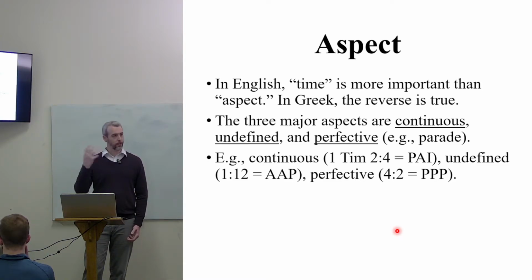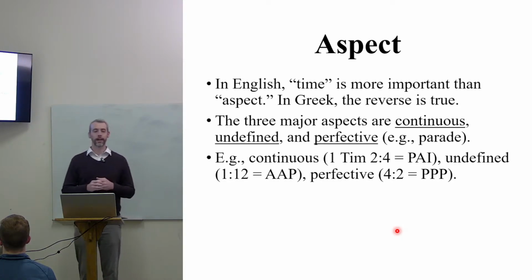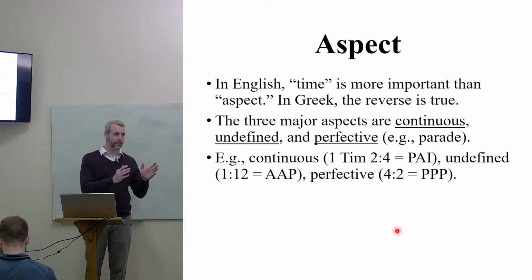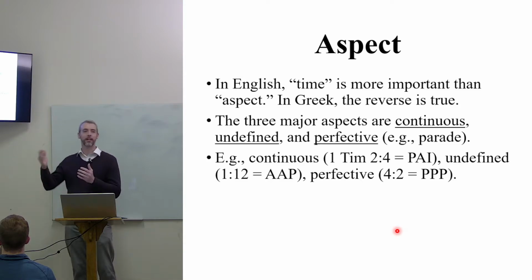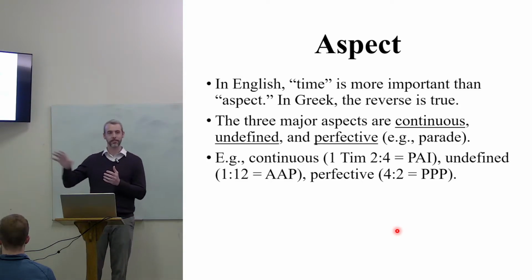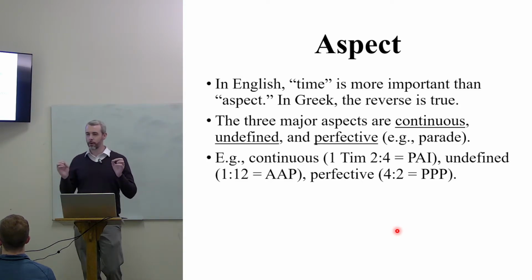You can have continuous aspect. You can also have the whole picture, kind of undefined. So if I say I ran, that's kind of the whole picture. If I say I was running, it's kind of picturing ongoing action in the past. So in Greek, they're more focused on how you think about it happening rather than when it happens.